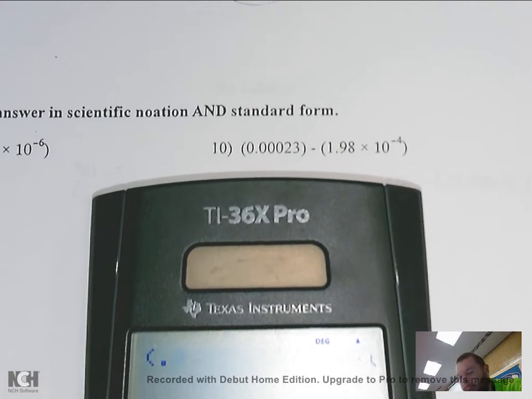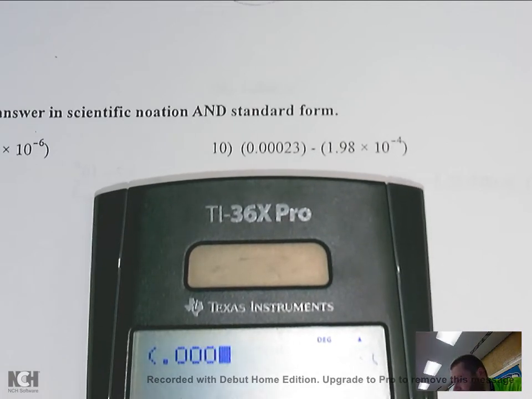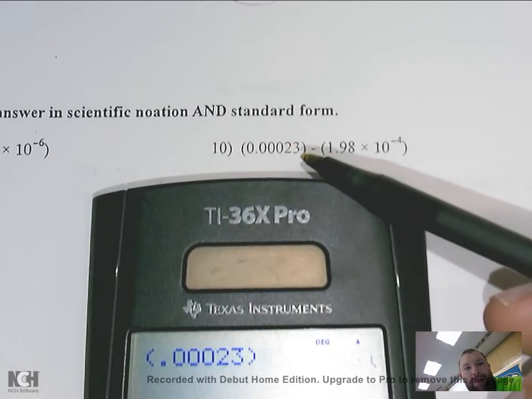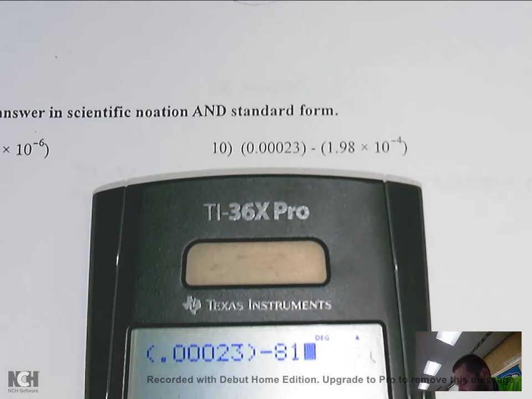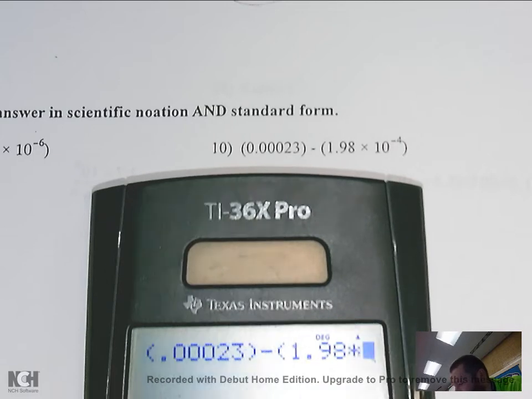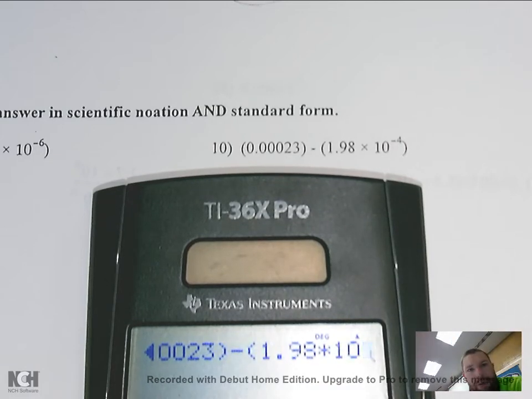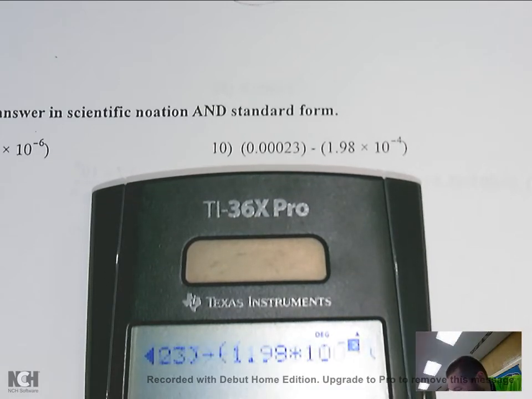So if I plug in 0.00023 in parentheses, just like it has it there, and minus, and then in parentheses, 1.98 times, oh, I didn't use parentheses, 1.98 times 10 to the negative 4 power, and then parentheses.